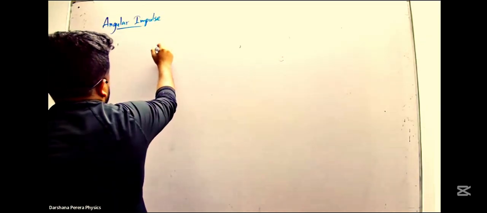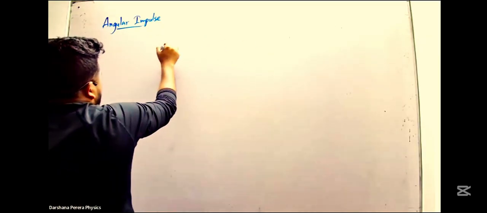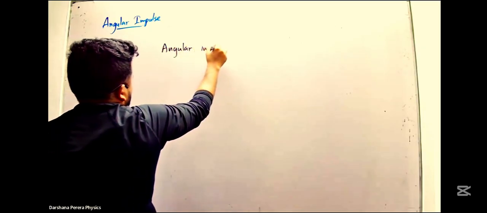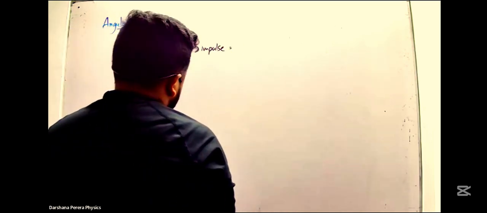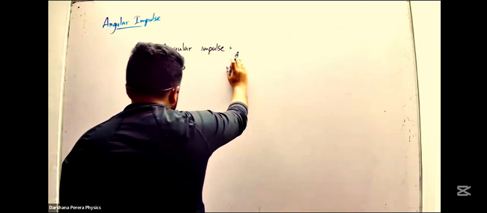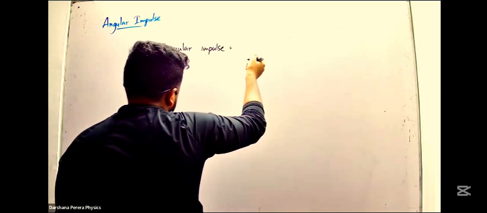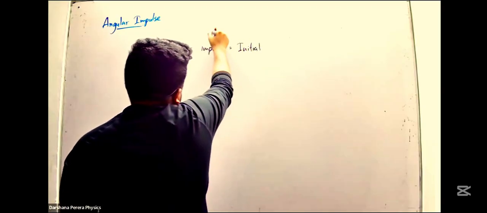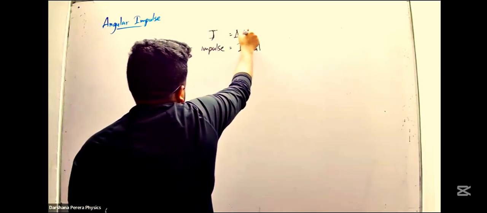What do we mean by that? The angular impulse is reducing the angular velocity. Therefore the initial angular velocity is higher. J means delta I omega.